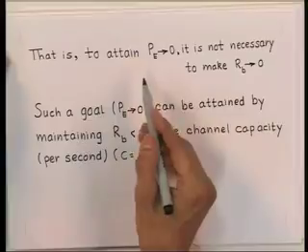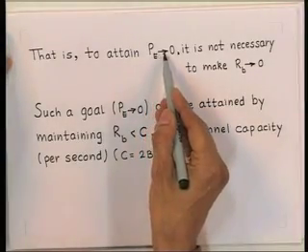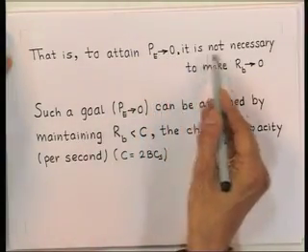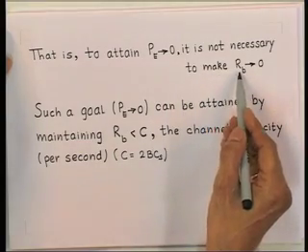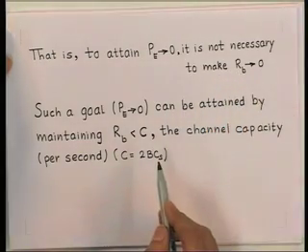But Shannon's results show that for a given channel, as long as the rate of information digits per second to be transmitted is maintained below a certain limit, known as channel capacity, then it is possible to achieve error-free communication. What it means is that to attain probability of E tending to 0, it is not necessary to make RB tend to 0.